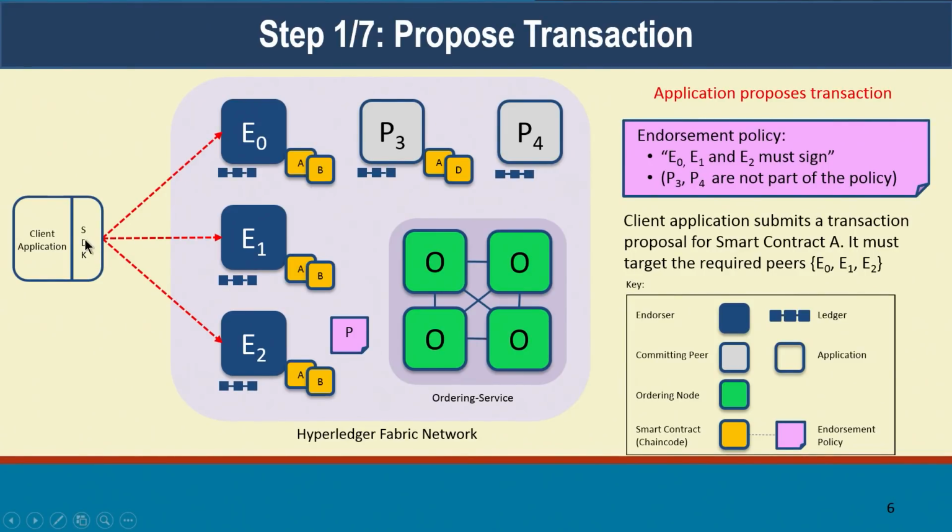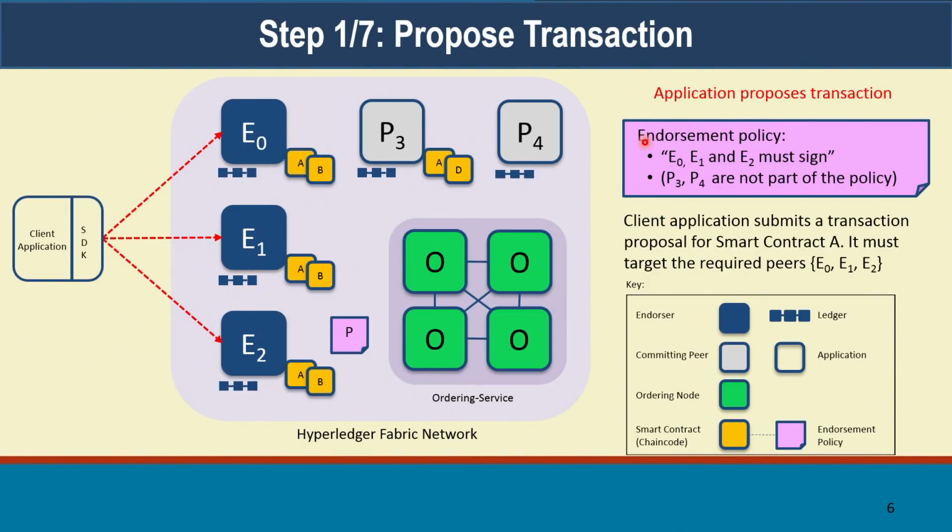The client application will send this to multiple endorsing peers. E0, E1, and E2 in this figure are all endorsing peers. They will all execute this transaction, but they're not going to commit it into the blockchain yet. They will say, okay, this is the output I see, and here is my signature. So that's the proposal part.